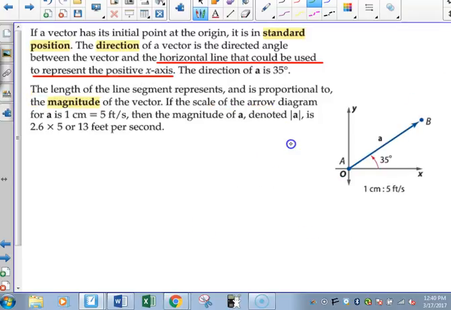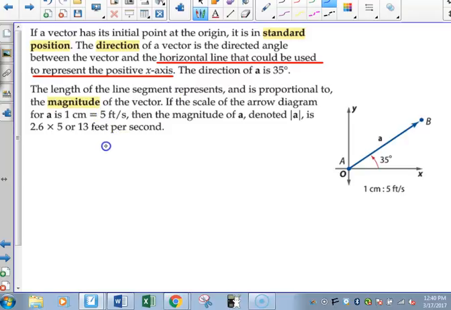All right, if a vector has its initial position at the origin, it's called standard position. We're going to measure a lot of things in standard position off the positive x-axis. The direction is a directed angle between the vector and a horizontal line using the positive x-axis. The magnitude is the length that you draw the vector.